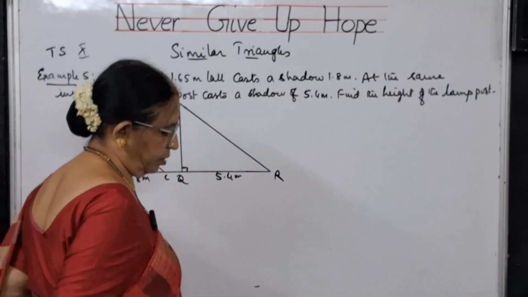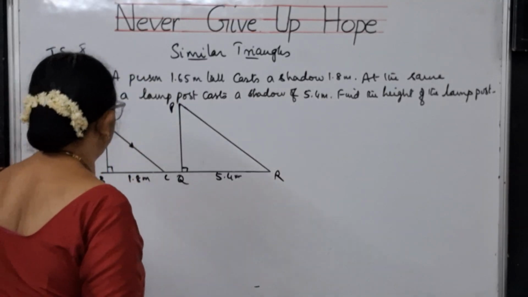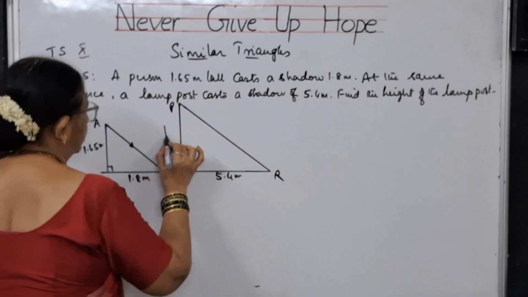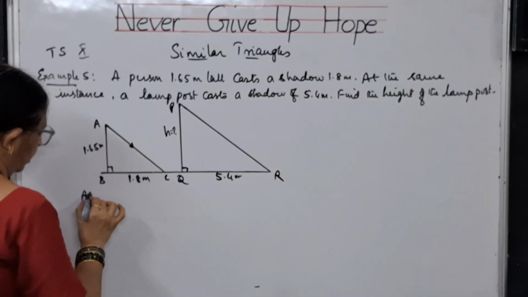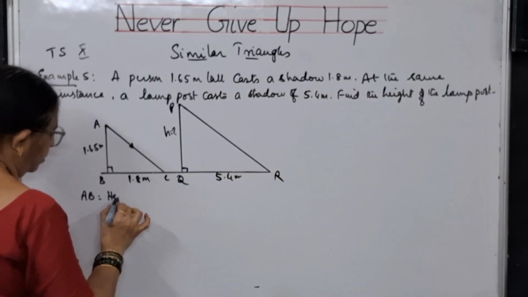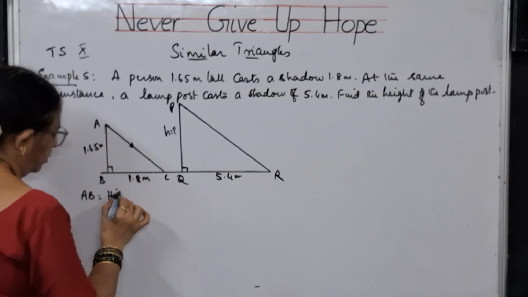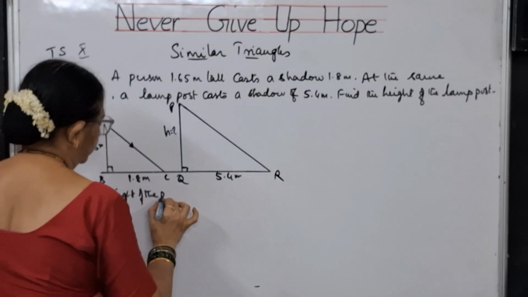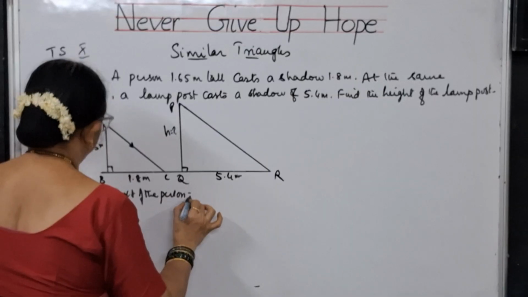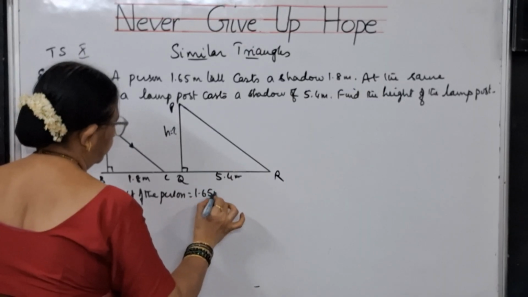This is C. Now the question is, what is the height? Let us consider this as the height. So AB is the height of the person, equal to 1.65 meters.